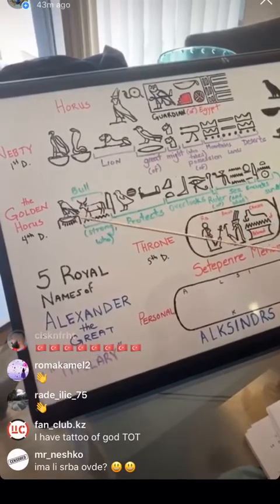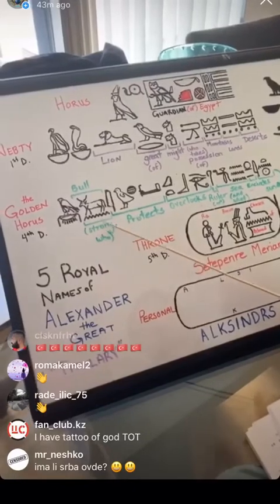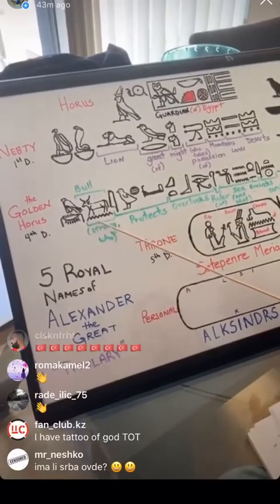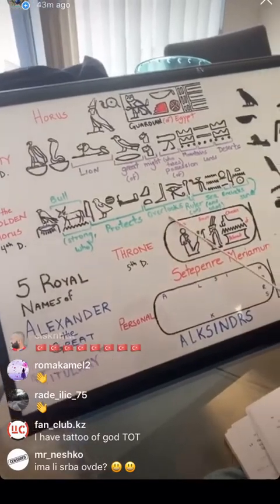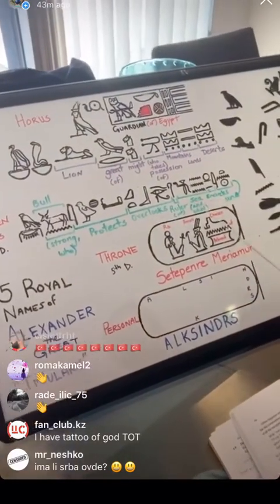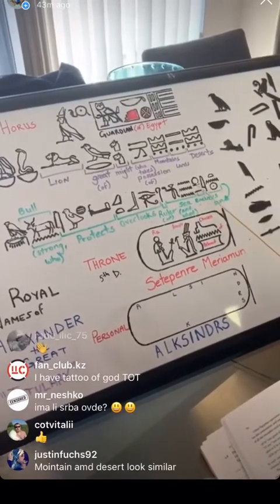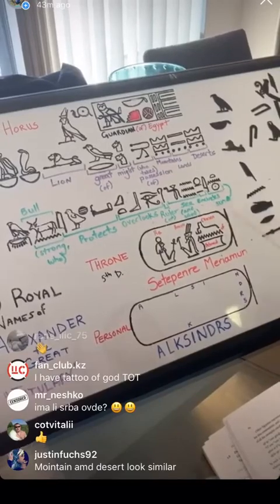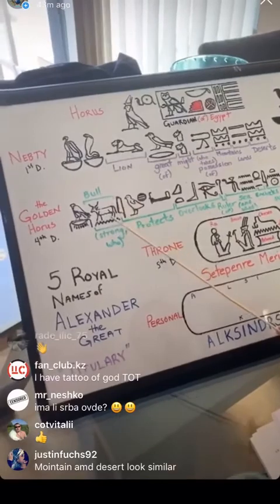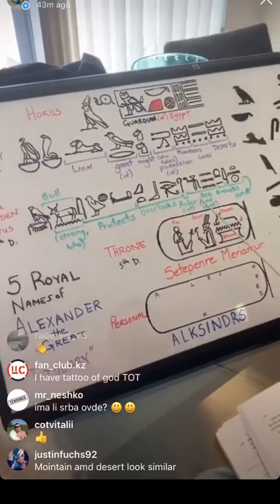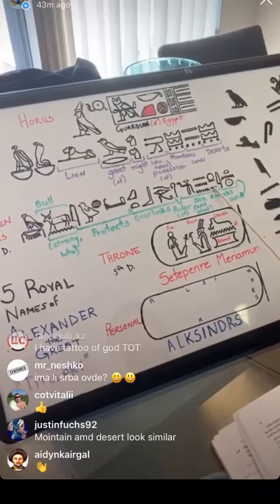And the name here of Alexander the Great is the mighty bull, who protects and overlooks, ruler of the sea, and who encircles, which is the shen symbol, like a cartouche, which the sun encircles. So once again, the strong bull who protects and overlooks, ruler of the sea, which the sun encircles.